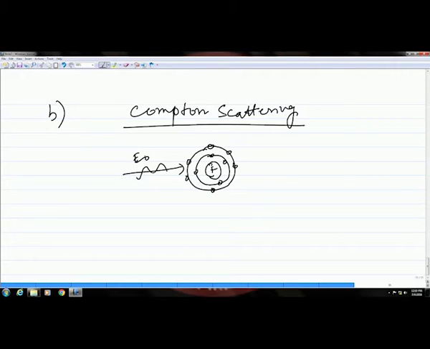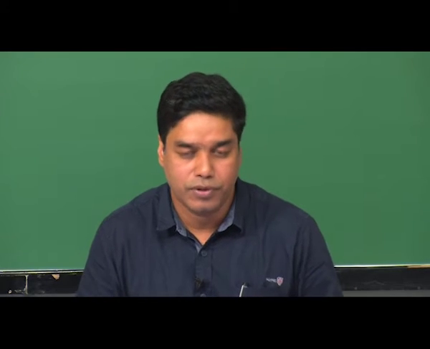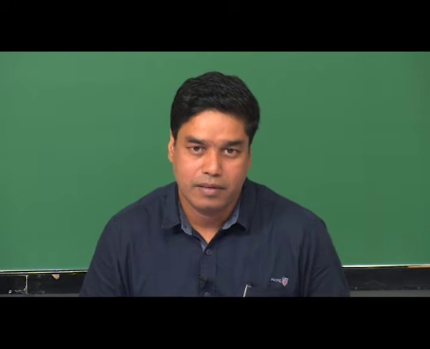So, in this case what happens, the X-ray photon first ejects an electron and loses energy in the process. This low energy photon is then further scattered by the atom. Okay.